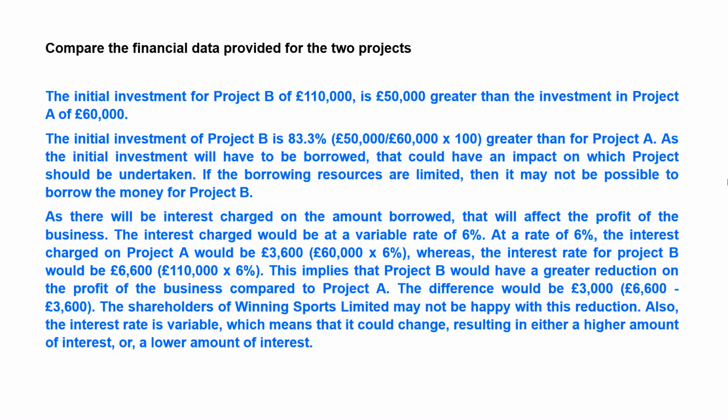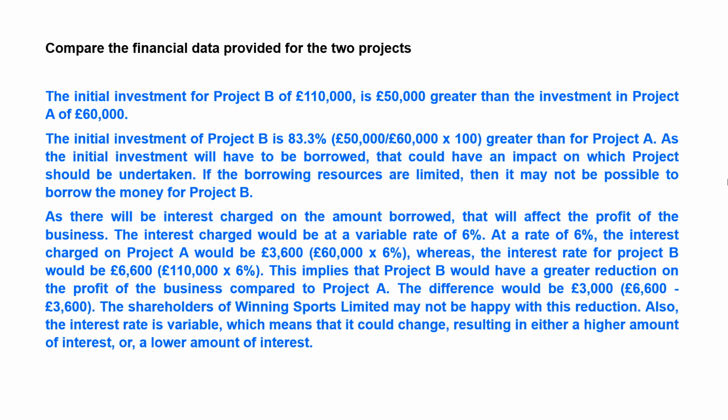Now at a rate of 6%, the interest charge on Project A would be £3,600. So you see again in brackets, I've put where that figure has come from. It's the 60,000 times 6%. So you must put where the figures come from, how you've calculated it. Whereas the interest rate for Project B will be £6,000. So again in brackets, I've got how that figure has come about. It's £110,000 for initial investment times 6%.